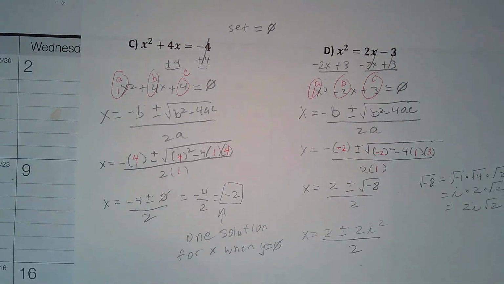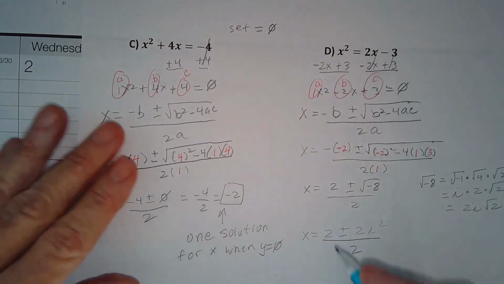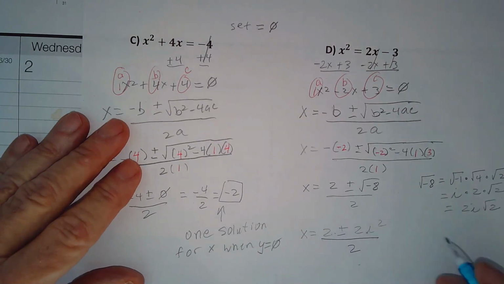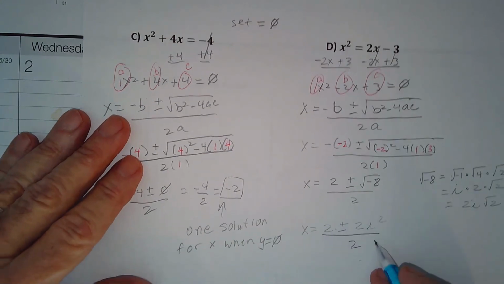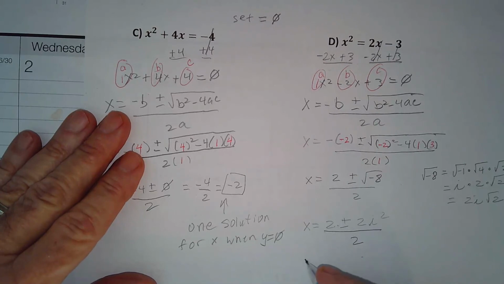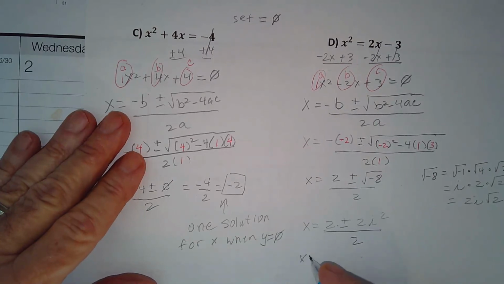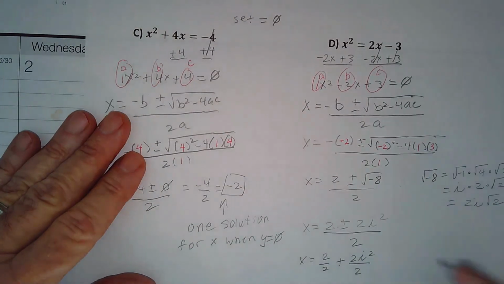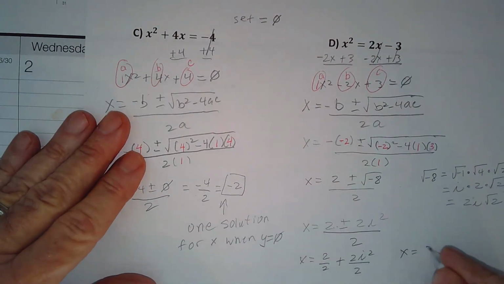Now, what I would recommend doing is that we break up these two expressions, the plus and the minus, and we also break them up so that we have a denominator under each one. So let's do it this way. x equals 2 over 2 plus 2i square root of 2 divided by 2, and x equals 2 over 2 minus 2i square root of 2 over 2.